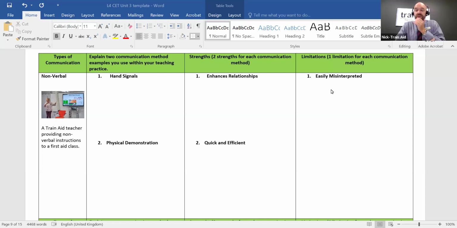With non-verbal feedback, as we know, it can be easily misinterpreted. So this is an issue. So as a teacher, you just need to be mindful of your body language, your facial expressions. You could be happy with the learners, but if you're not showing that in your facial expressions, they could be worried or anxious. So you have to think about the language that you're conveying with non-verbal communication as well.